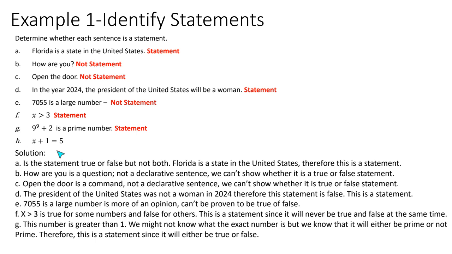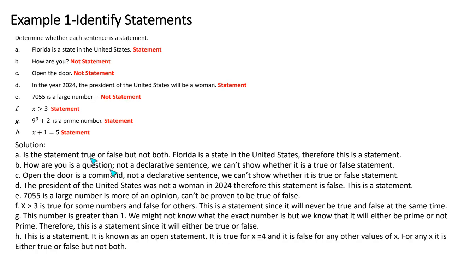But at any time, it cannot be both true and false. And so for this, it's going to be a statement because it's either true or false depending on the value of x. So these are the type of sentences or statements that we're going to be working with. And for this slide, we just wanted to make sure that we can identify if something is a statement or not a statement.